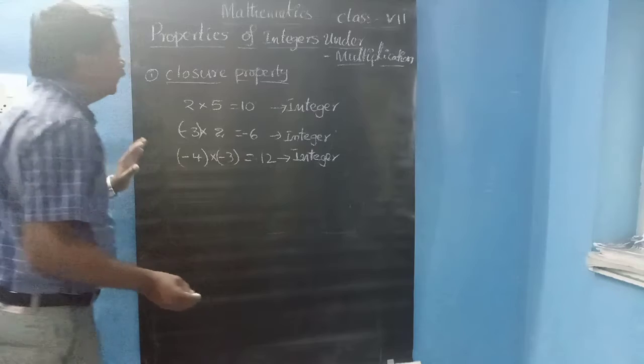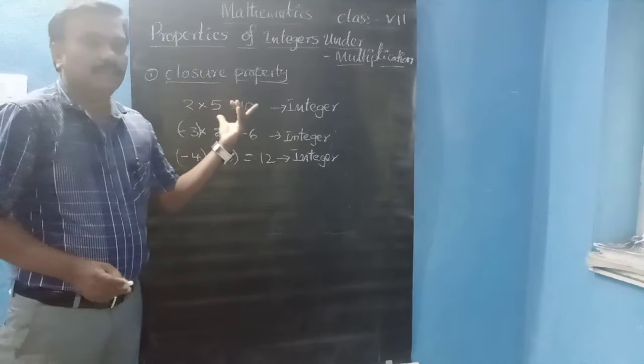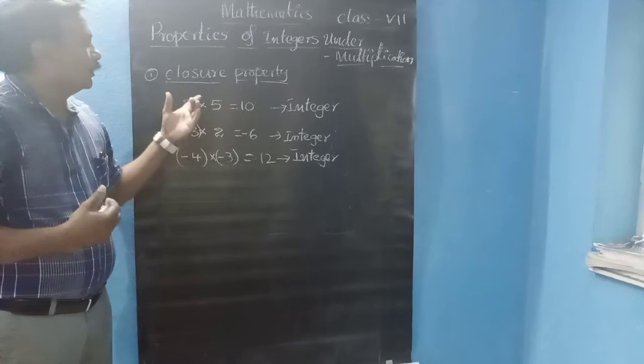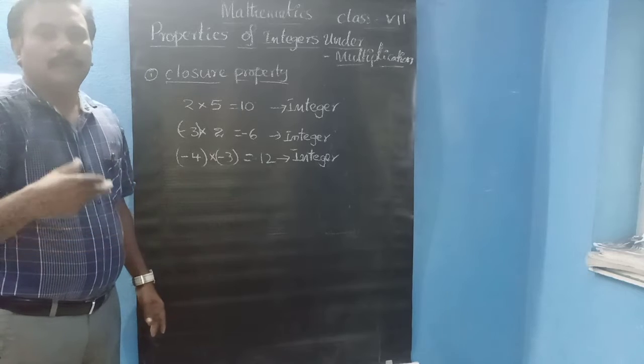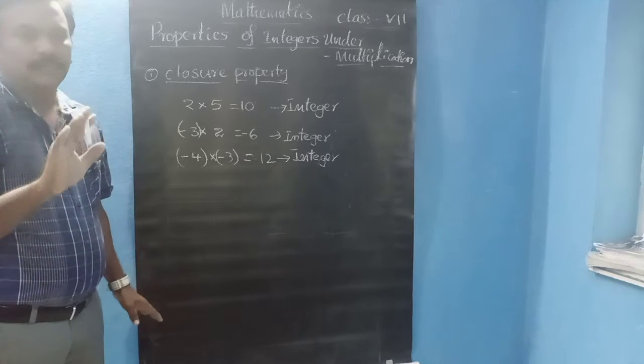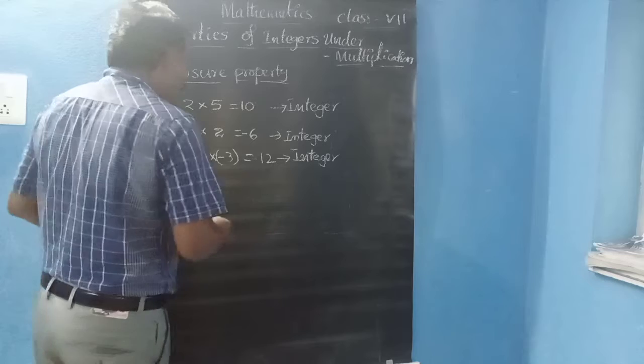So what do you understand? If you multiply any two integers, the product is always an integer.